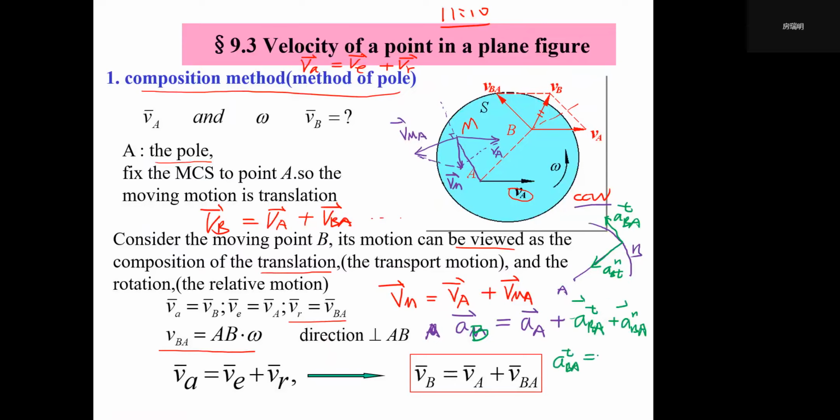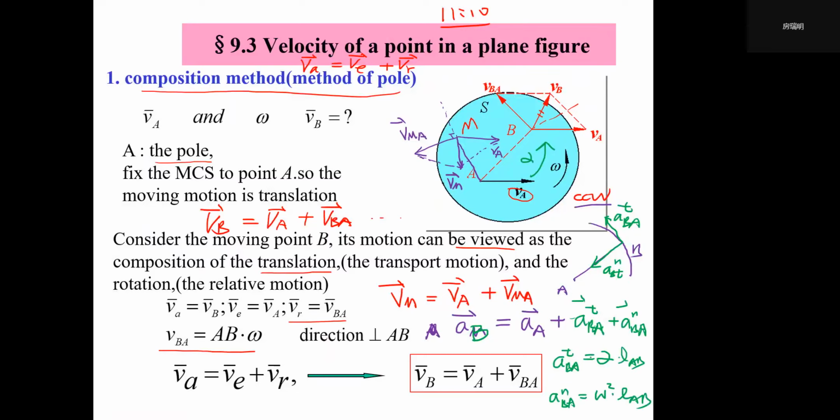And ABAT will equal alpha times LAB, if this plane figure also has angular acceleration alpha. And ABAN will equal omega squared times LAB.